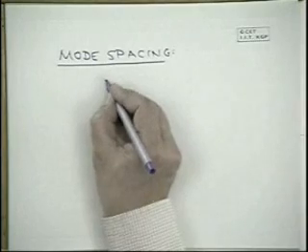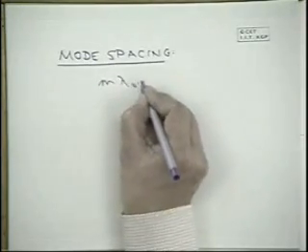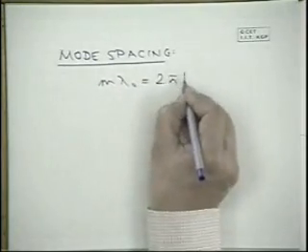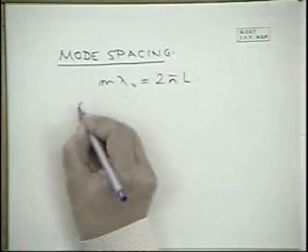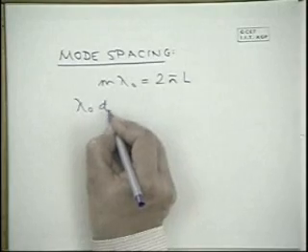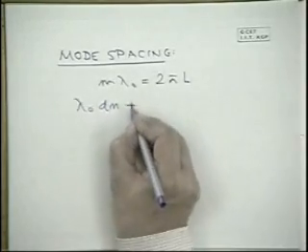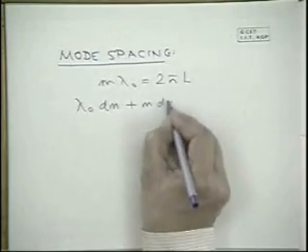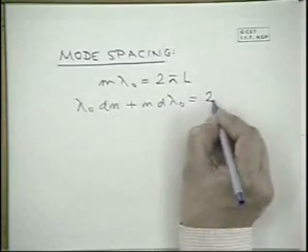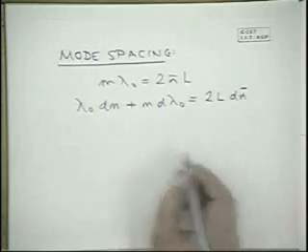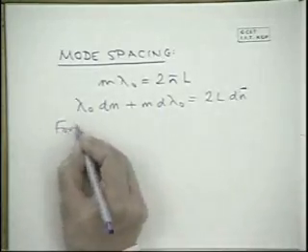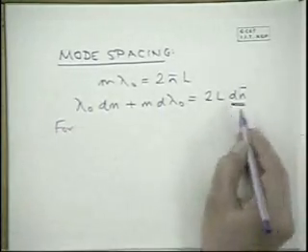Now we wrote m lambda 0 is equal to twice n bar L. Let's examine this and differentiate. Lambda 0 dm plus m d lambda 0 is twice L dn bar. So what is this?